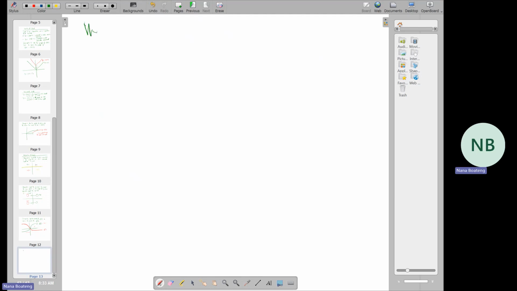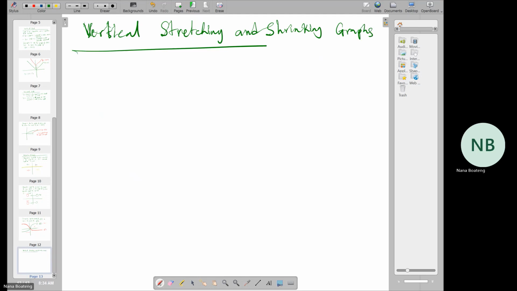So vertical stretching and shrinking graphs.